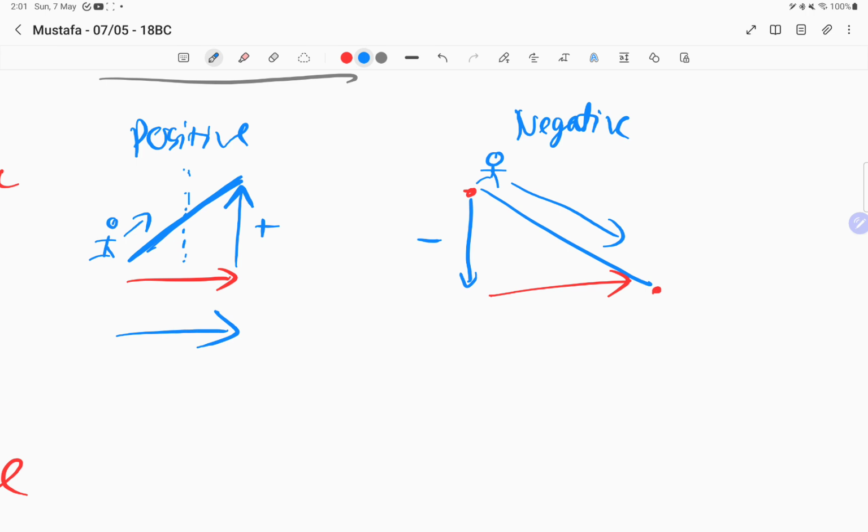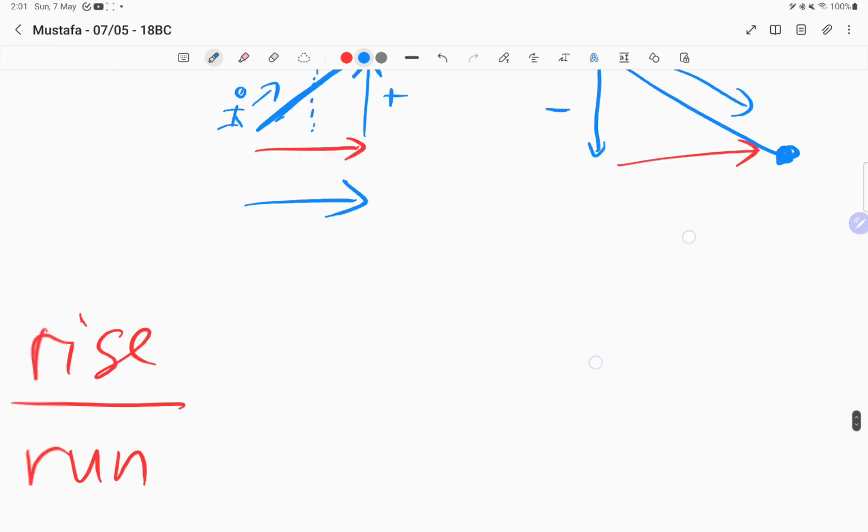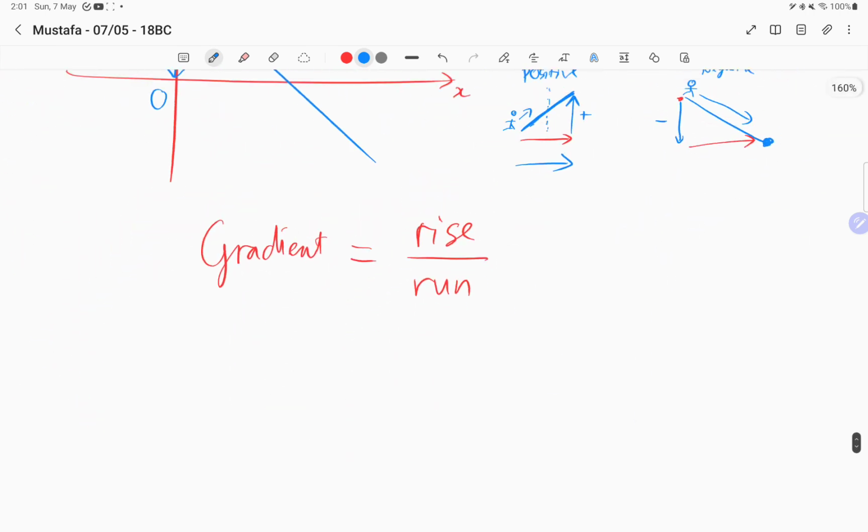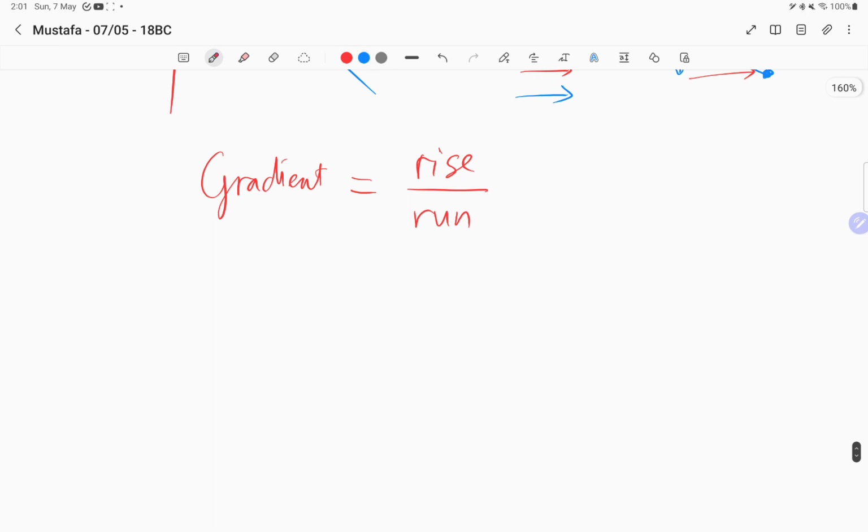The rise is always the y coordinate of the second point, which is the final point, the point on the right, minus the y coordinate of the left point. So for example, let's say I have this line that goes like that: y equals 2x plus 1.